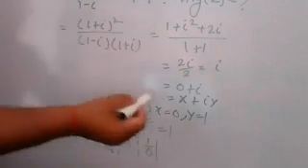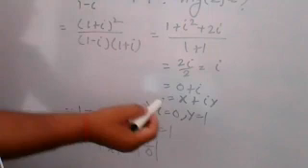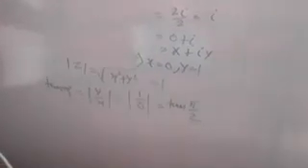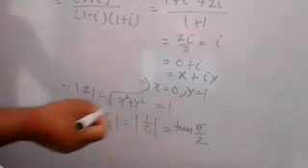Here x is taken as positive and y is positive, so it lies in the first quadrant. So here you have 1 by 0, not defined, so that is equal to tan of pi by 2, and it lies in the first quadrant.